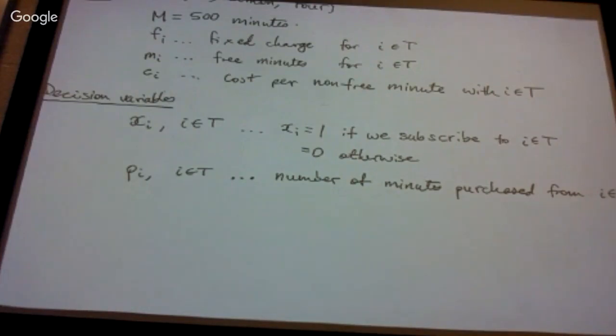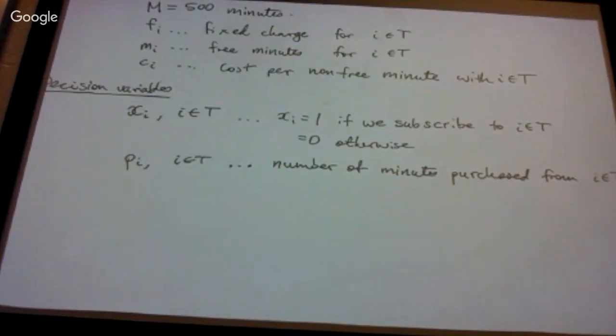So cost of what exactly? Fixed charge plus the minutes purchased, I guess. So like money spent with a particular telecom? Okay, could do. What do you want to call it?